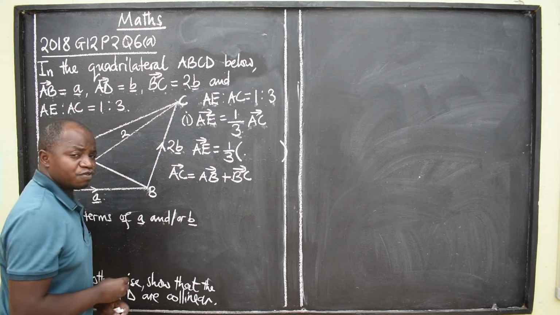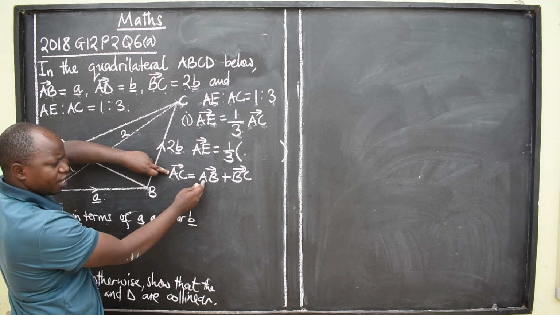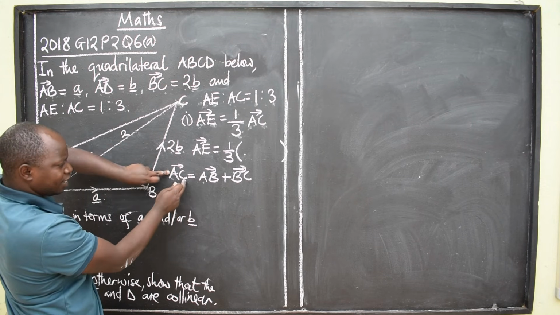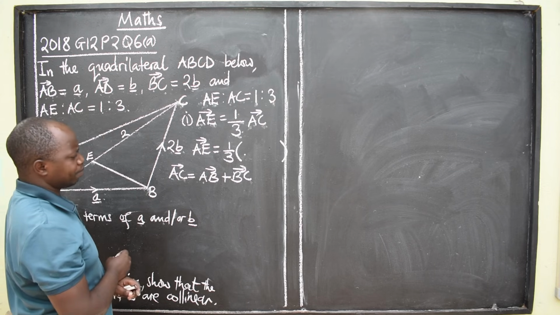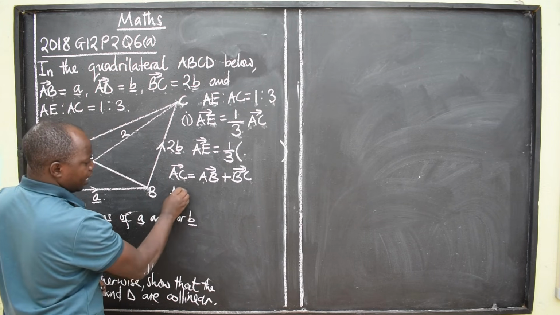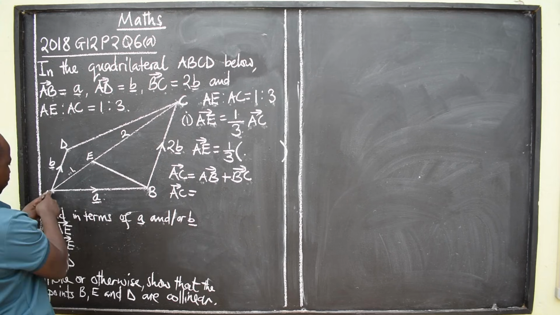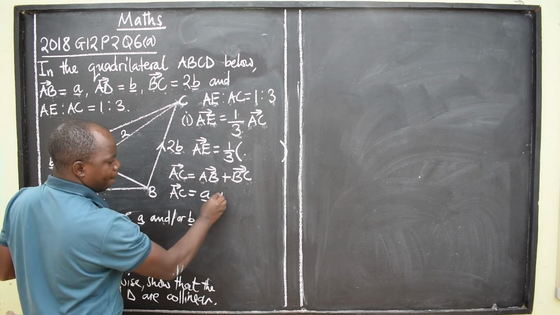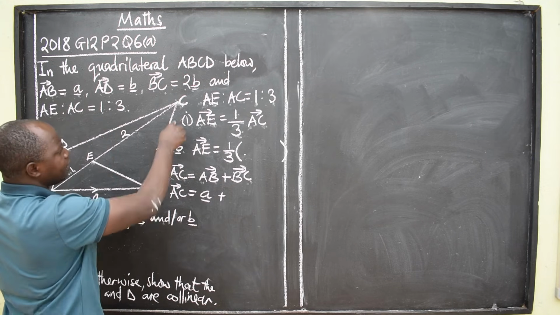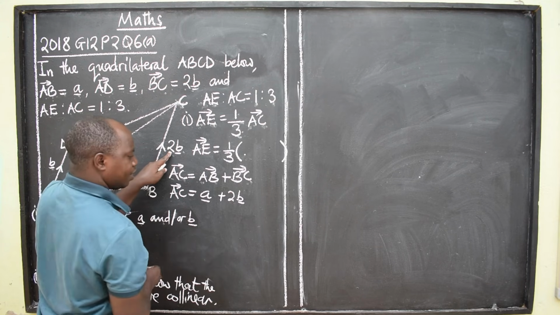This is what we call vector addition. So always the first letter here will be the first one here, and the last letter here will be the last one here. I see that. Then you are going to say AC will be equal to, substituting here, what is AB? From A to B, they've said vector A, plus BC, which is 2B, like this.